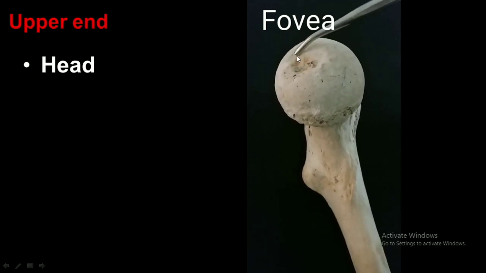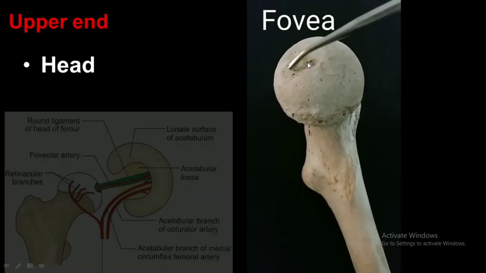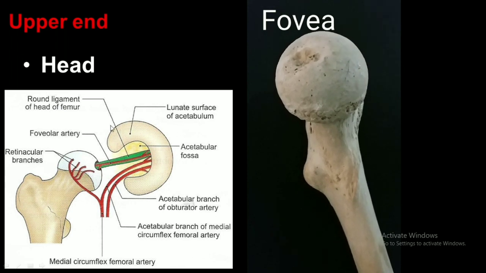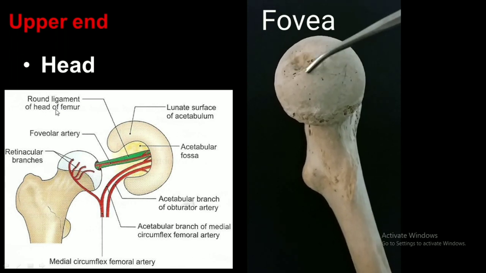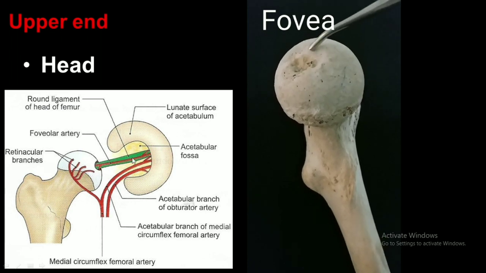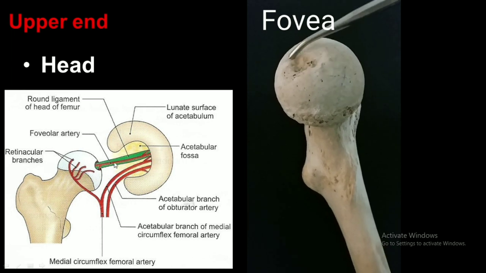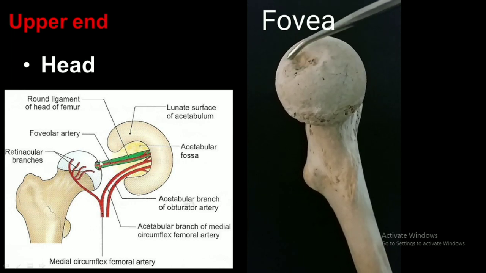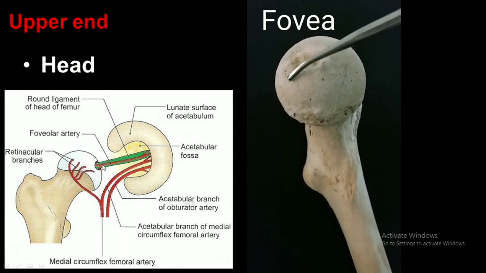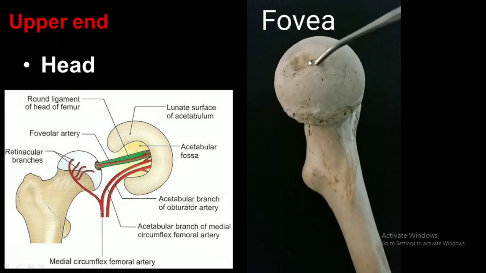Fovea is a depression or pit. What are the attachments in the fovea? This is the round ligament of head of femur, the green color, that is attached from the fovea to the acetabulum. Also the foveolar artery is passing through it. So this is the attachment over the fovea.